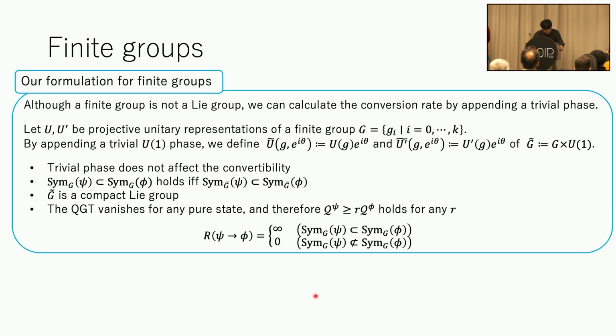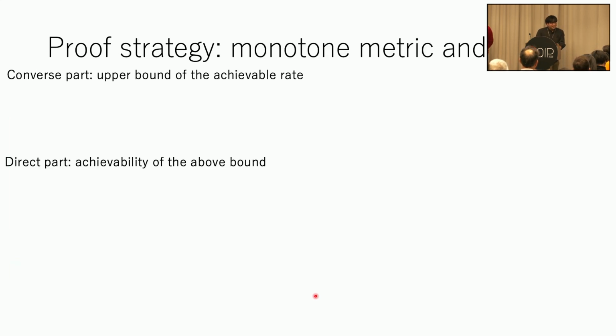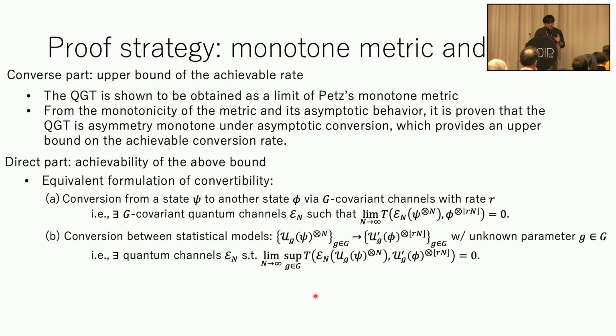And in that estimation process, if the group is non-compact, there is a difficulty. There are several difficulties, but I think that's one of the critical points. We cannot estimate G properly if the group is non-compact.